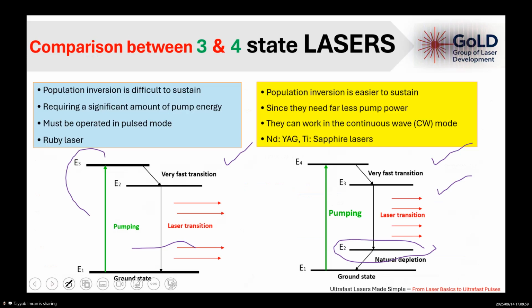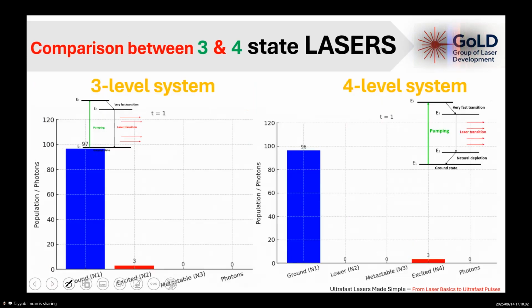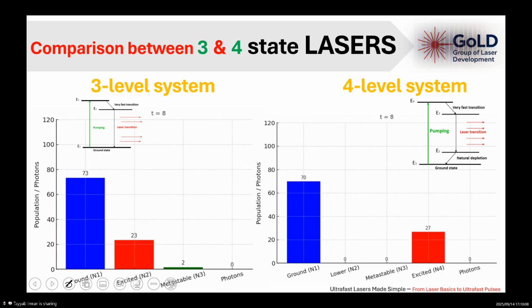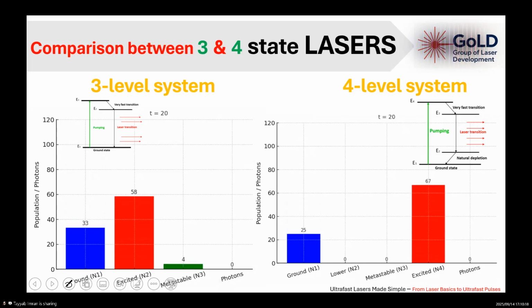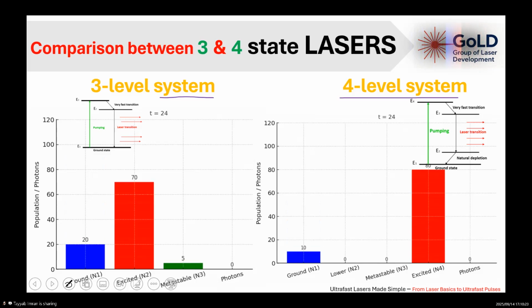These were the animation which I explained in the last lecture. It shows the levels, metastable state, and then photons. This is for the 3-level system here, and this is for the 4-level system here.